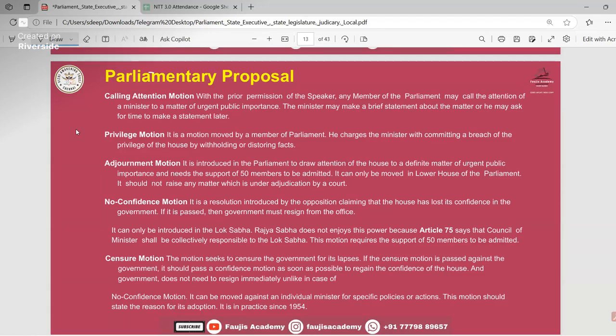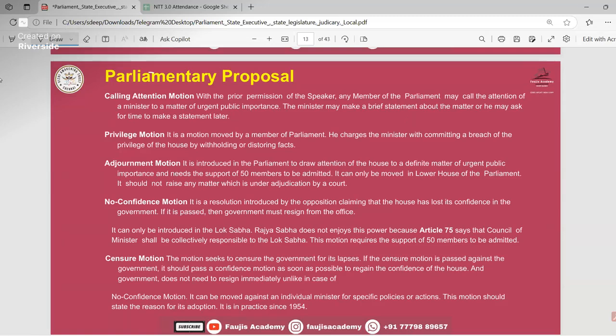No issues then. The privilege motion is a motion moved by a member of parliament, where he charges the minister with committing breach of privilege of the house by withholding or distorting facts. It is a complaint raised by a member upon a minister or a person who is in power, who holds a special place. It is related to the privileges of the members.